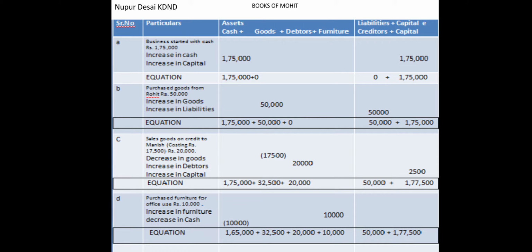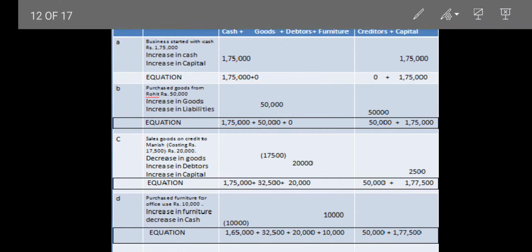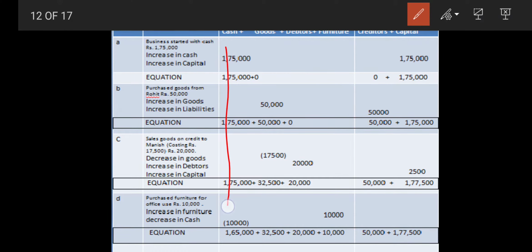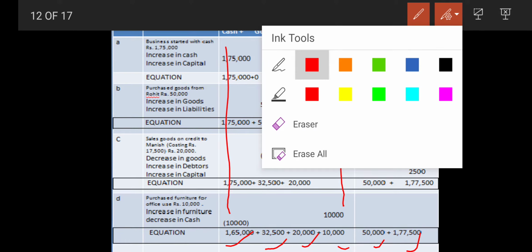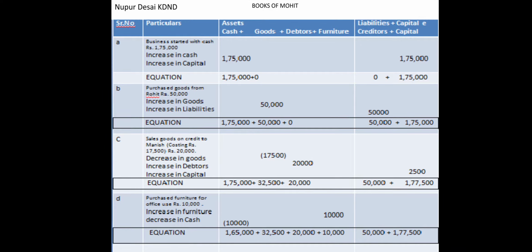Nothing is mentioned whether it is a credit or cash transaction, and no party's name is mentioned, so it is implied that it will be a decrease of cash. So cash decreases by 10,000 and furniture increases by 10,000. So the equation will be set up: 1,65,000, 32,500, 20,000 and 10,000, while here 50,000 and 1,77,500. So this way this is also set.